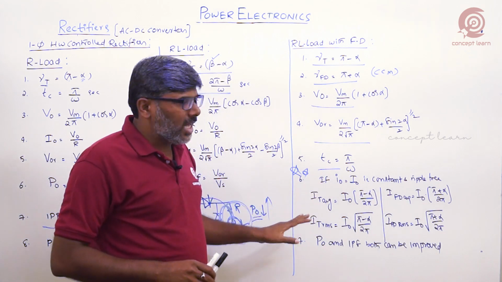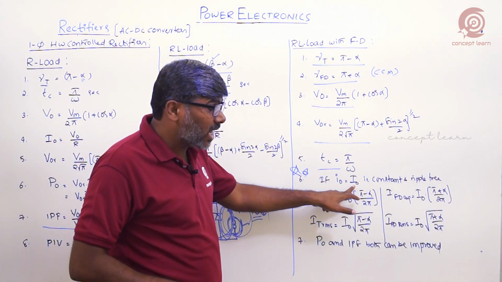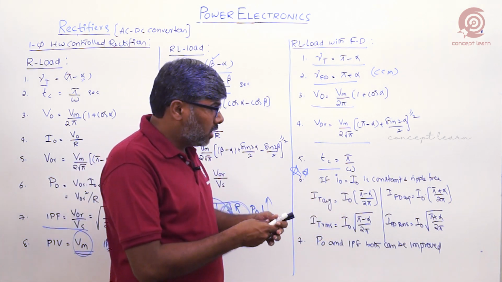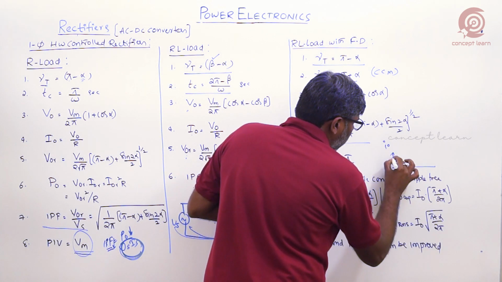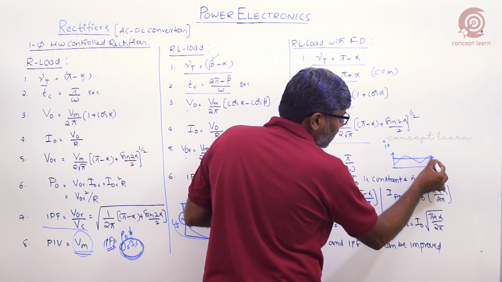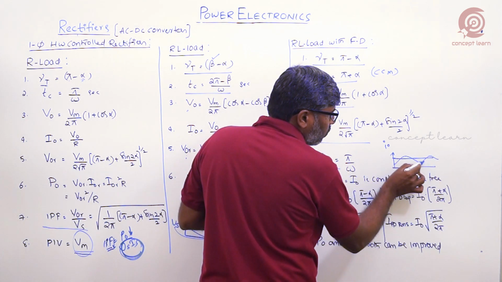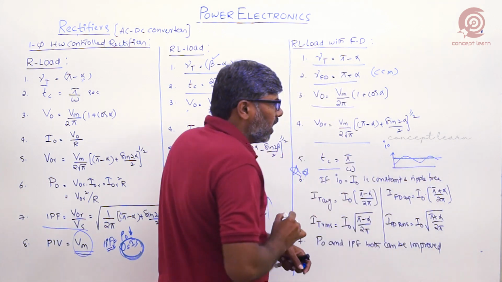For the sake of easy analysis, I am considering the load current to be constant and ripple free. If we take this I naught waveform, this is continuous. But in the practical case, the I naught waveform is like this, so I am just taking the average of this signal. This is constant and ripple free.